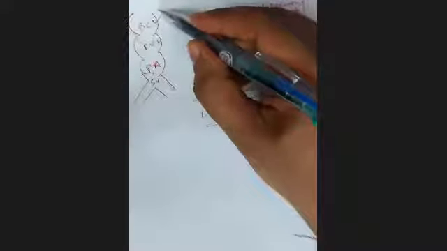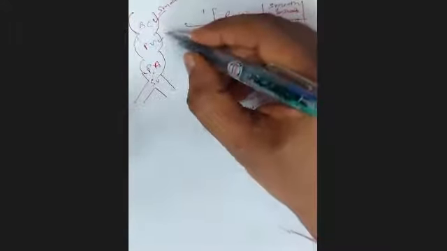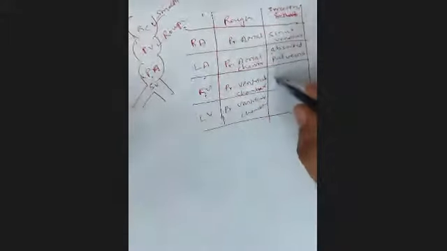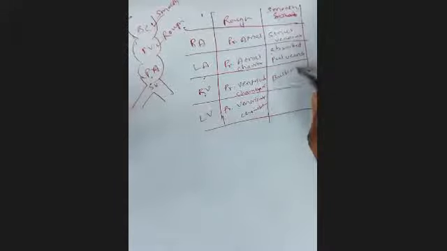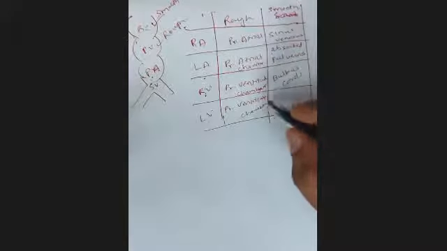That means the bulbus cordis gives rise to the smooth parts, and the primitive ventricular chamber gives rise to the rough parts. So the smooth part of the right ventricle develops from the bulbus cordis, and the smooth part of the left ventricle also develops from the bulbus cordis.